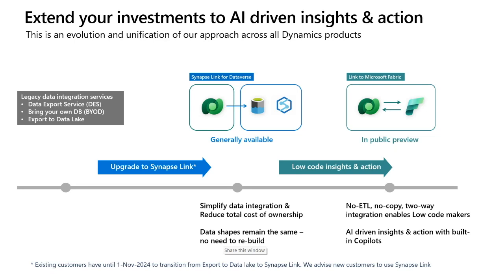You will see this in the demos, and you will see us discuss this again and again. But the key thing that we want to focus on today is that your data shapes remain the same, so you do not have to redevelop your reports. Hopefully we will discuss one pattern today. JJ will give a very detailed demo and show you how you can work with the same report by simply doing this upgrade.